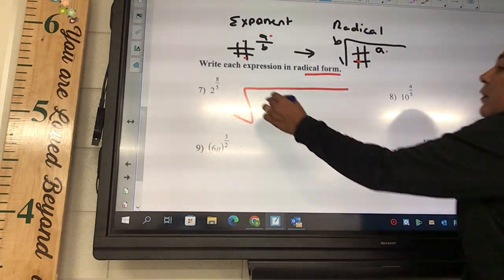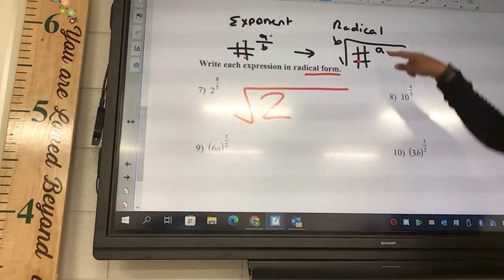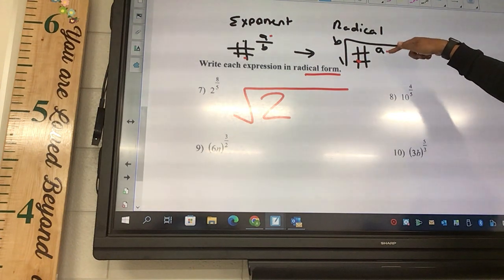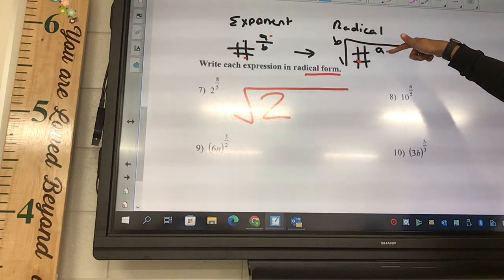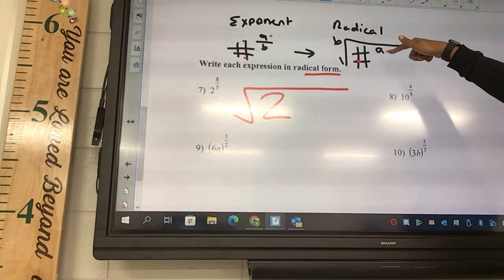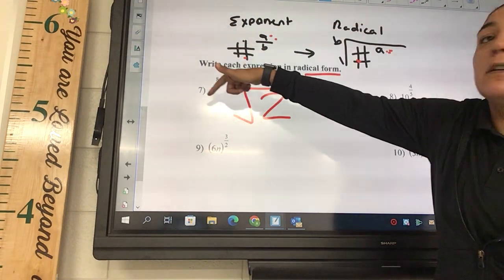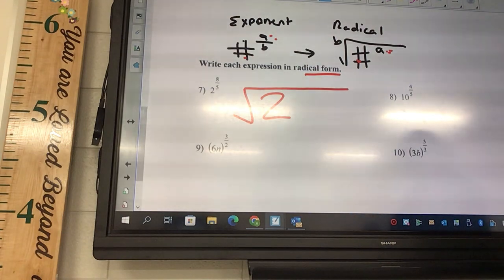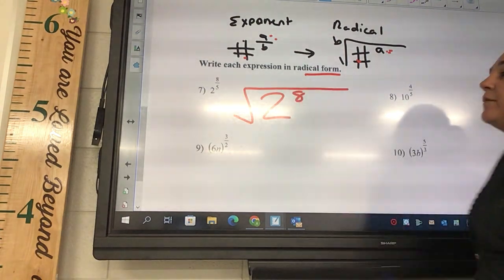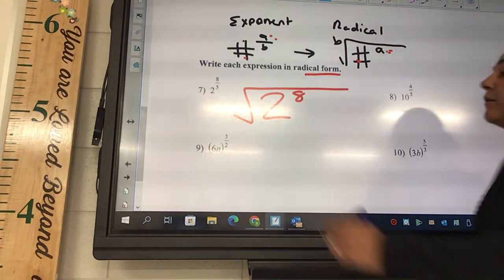2. Okay, what's going on the inside? Match it up from here to here to here. 8's going on the inside. What's going on the outside? 5.